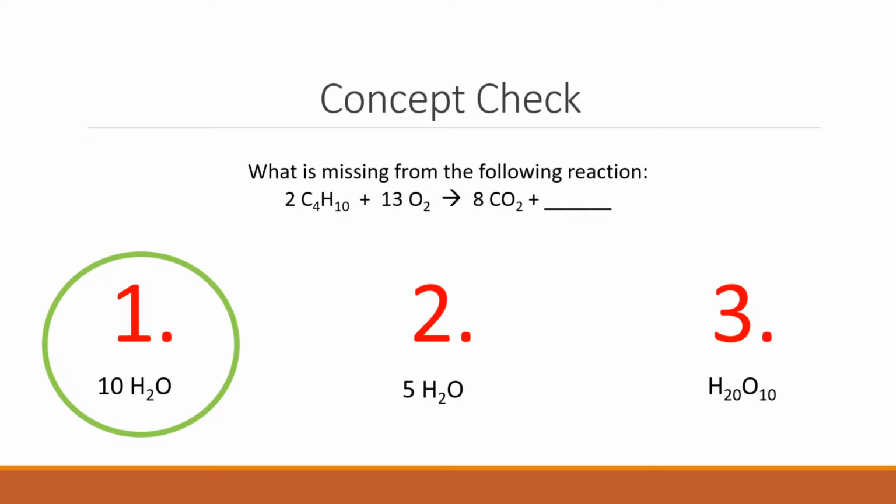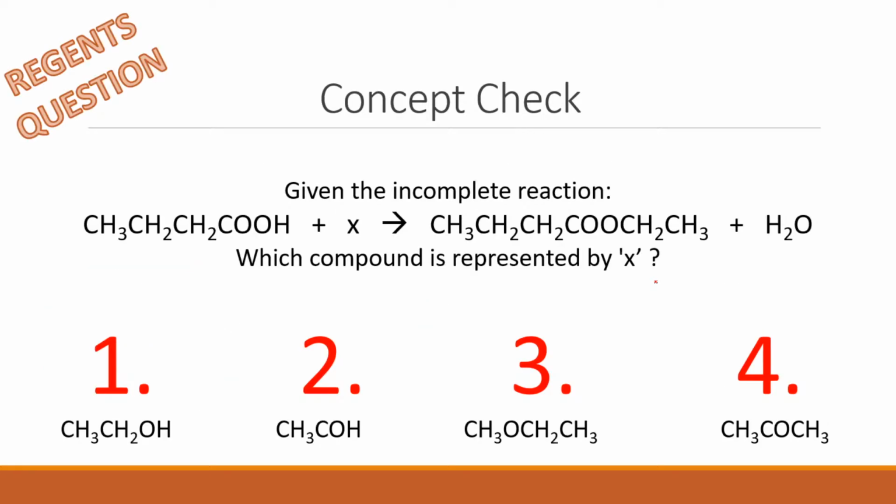Right, so knowing the different organic reactions helps us when we're looking at balancing and finding these missing pieces. One more example here, taken off of an old Regents exam, is this reaction.